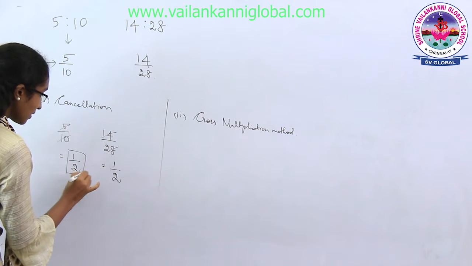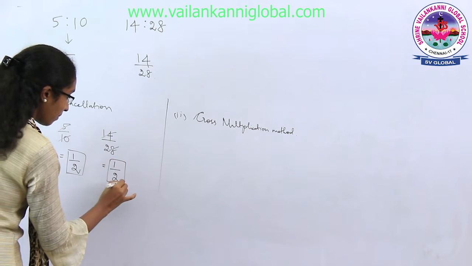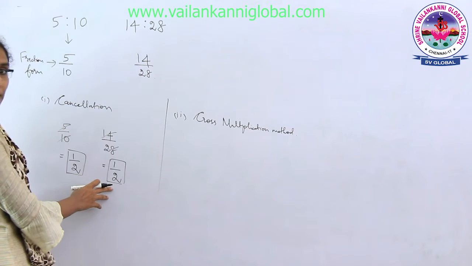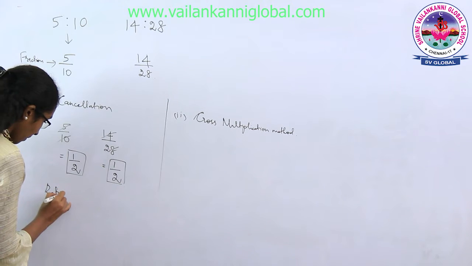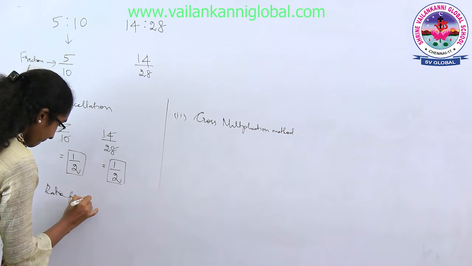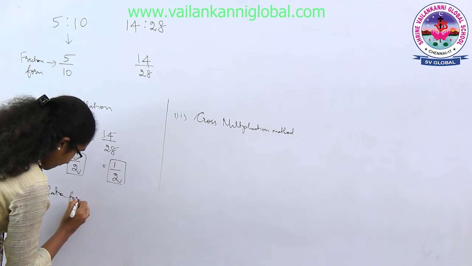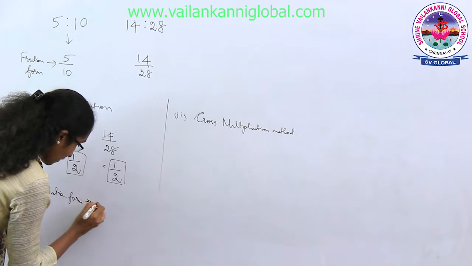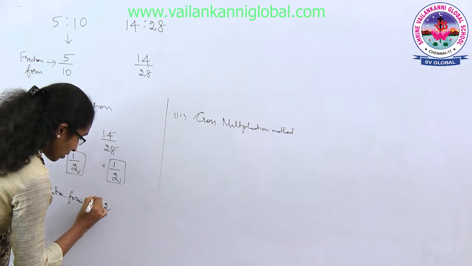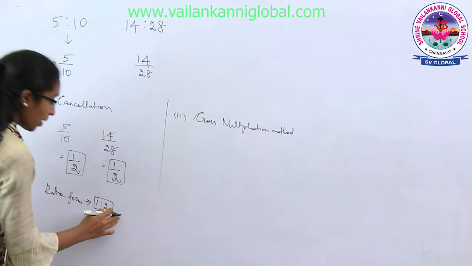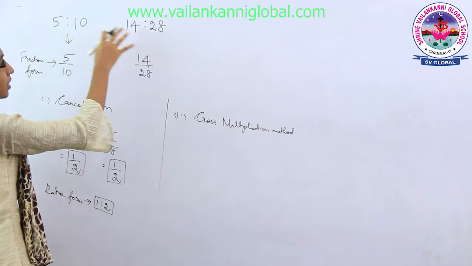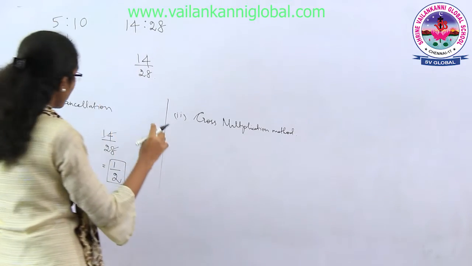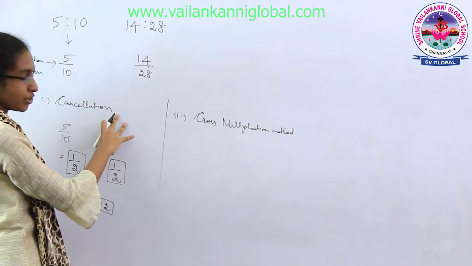So both the answers are 1 divided by 2, which can be written in the ratio form as 1:2. Since both the answers are 1:2, it is said to be equivalent. Hence, both the ratios are equivalent. So this is the simple cancellation method.